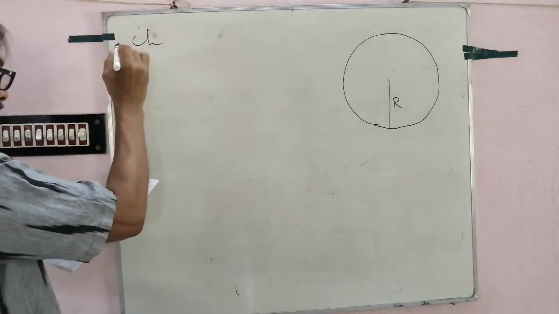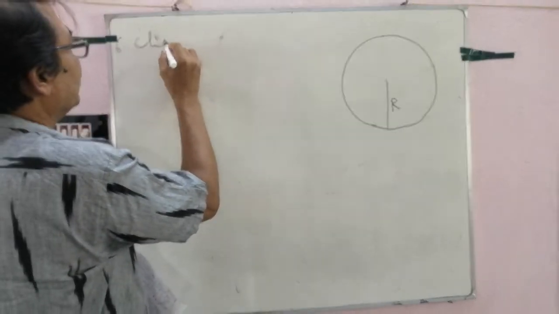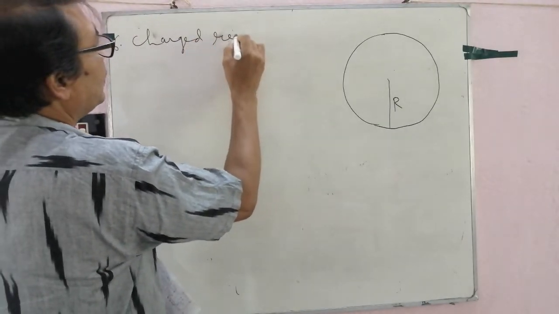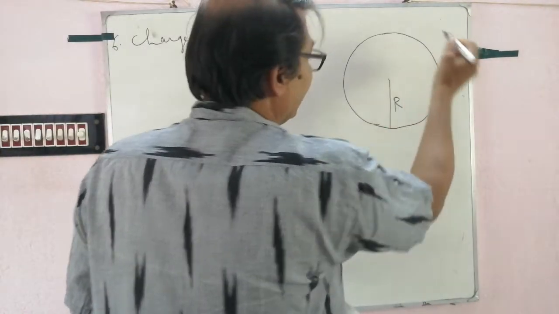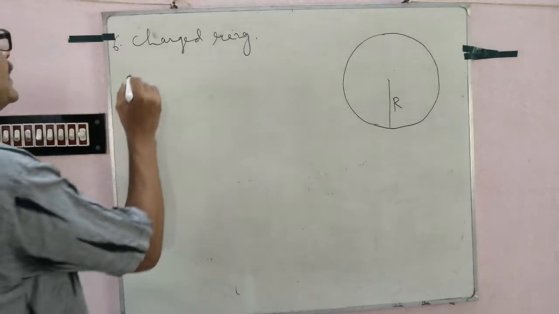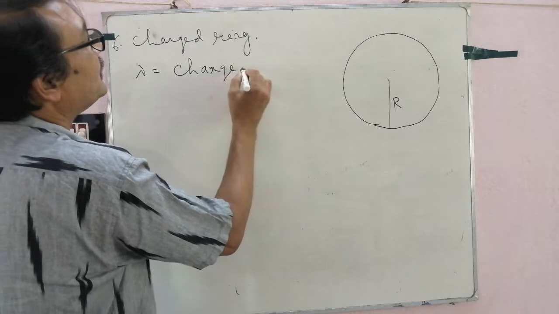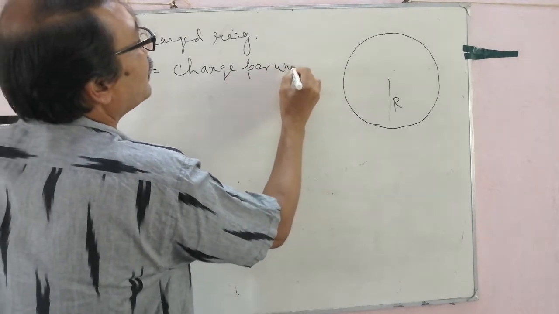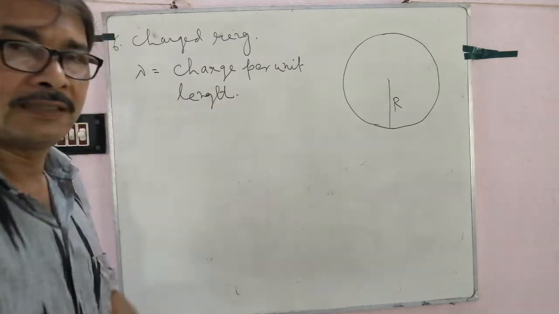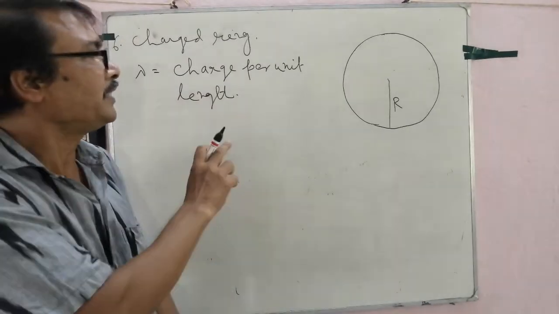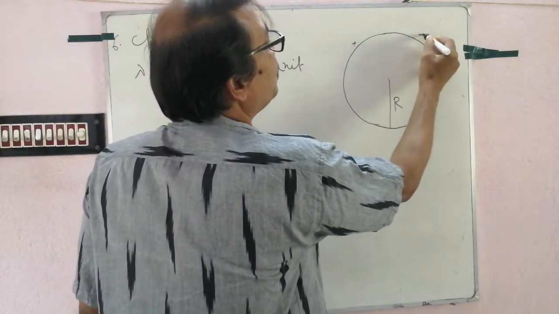Question number 6. A charged ring of radius r, and lambda equals charge per unit length. Lambda is the charge per unit length. Total charge suppose is q.